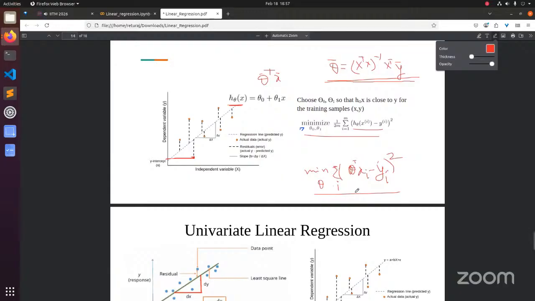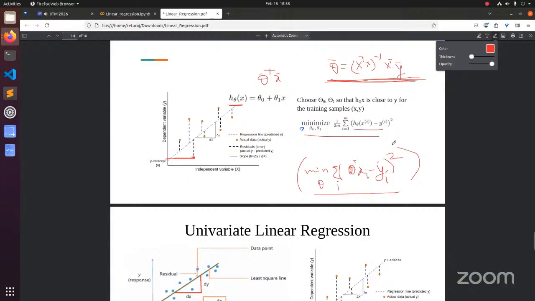If anyone is interested, I can go over how we can derive the same equation from this minimization. If students are interested, I can show the derivation of how, when you minimize this equation, you end up here. But it is not necessary for the class. Otherwise, just assume that when you minimize this, it will come to this value.